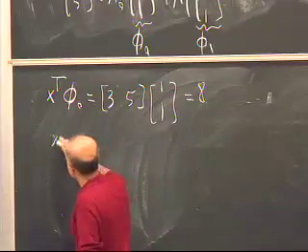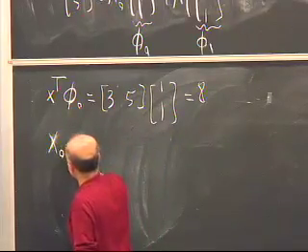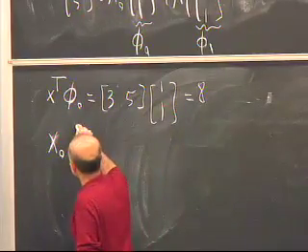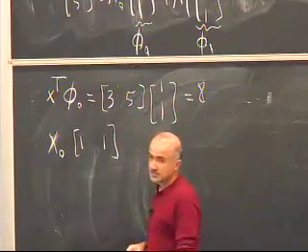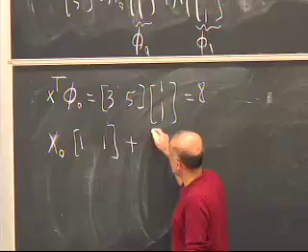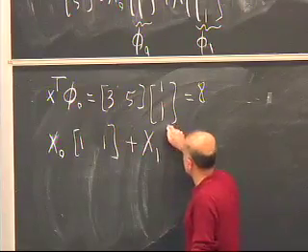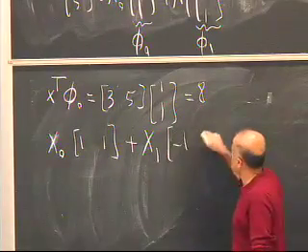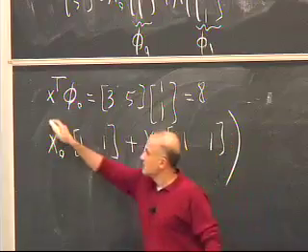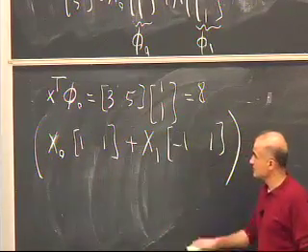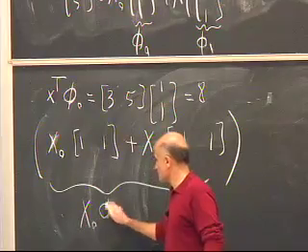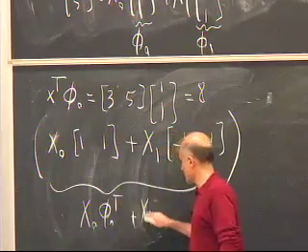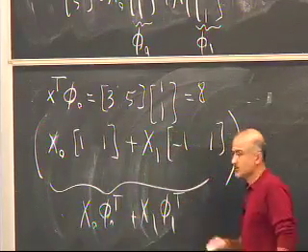But on the other side, you have x0 phi 0, so you transpose that, plus x1 phi 1. So this whole thing is now x0 phi 0 transpose plus x1 phi 1 transpose.